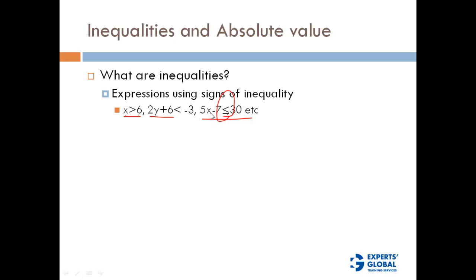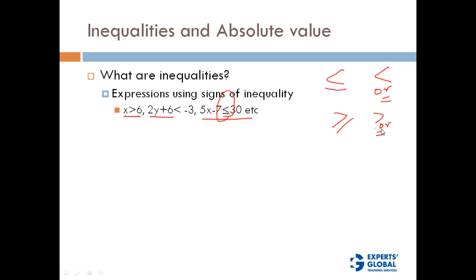We are saying that x can take such a value where 5x minus 7 can also equal 30, right? So it's basically these signs: less than or equal to means it is less than, or it can also be equal to; greater than or equal to means it is greater than or also equal to.